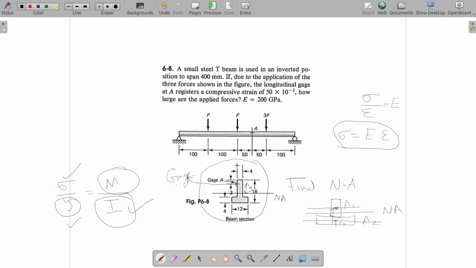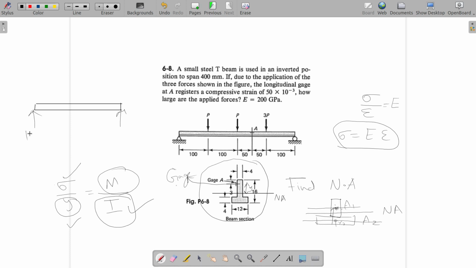So you have a beam here, and at three positions forces are applied, P, P and 3P. So how do you calculate the moment at this point? All these distances are given. So what you can do is first take the beam out and draw the free body diagram of the beam.